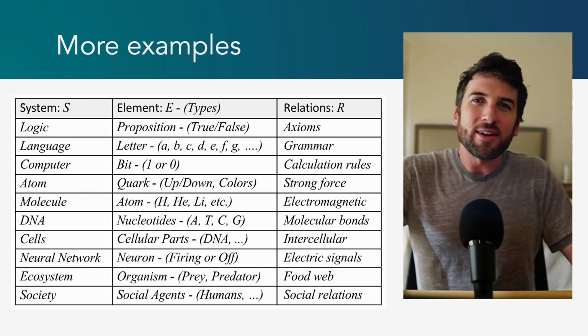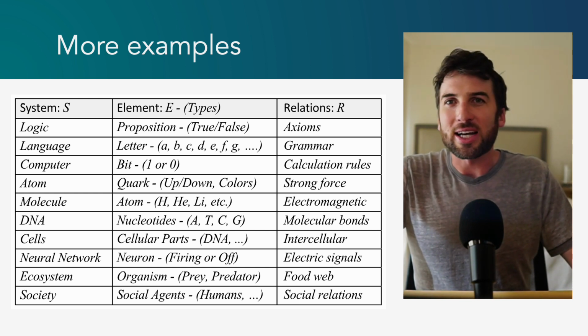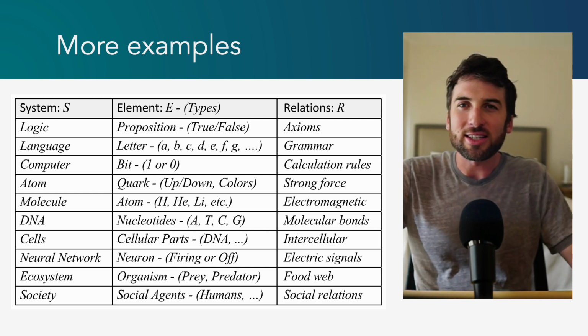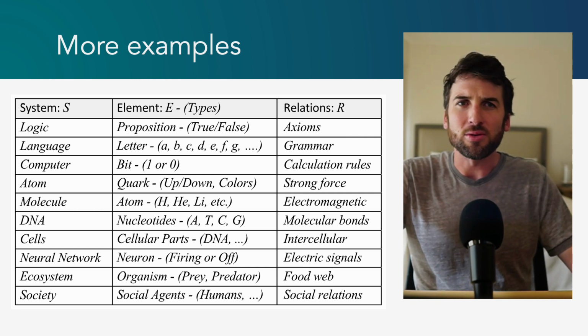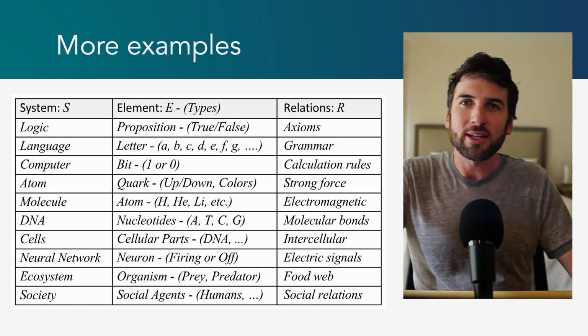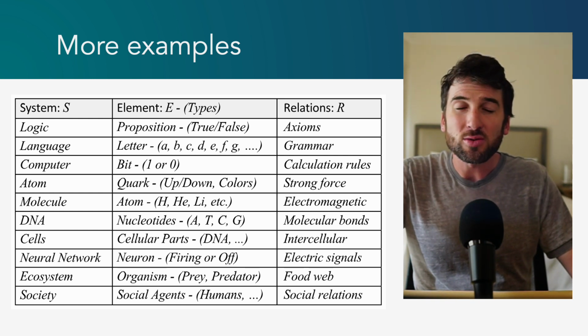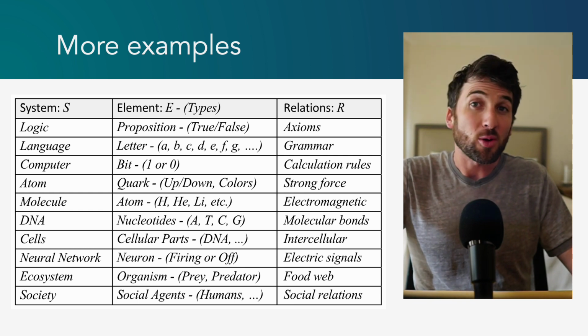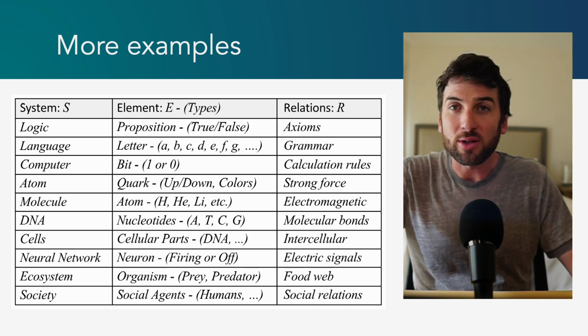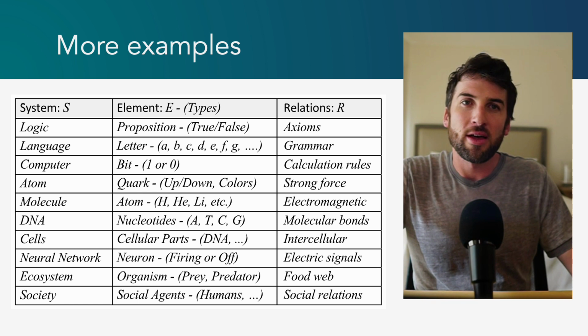So there's a lot of different systems with different types of elements and different types of relations, and this is by no means an exhaustive list, but just highlights a few. We talked before about logic. There can also be formal languages where the elements are different letters and the relational rules are the grammar of how the letters relate to one another in words and sentences.